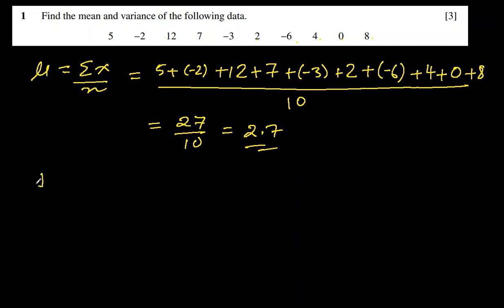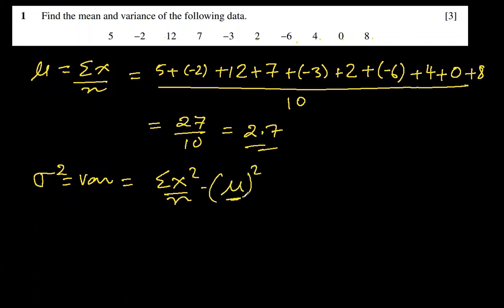Now variance. The formula for variance is sigma x square over n minus mean square. Or you can write this as sigma x over n, which was earlier found here, squared. But since we know the mean, I will use the mean straight away.